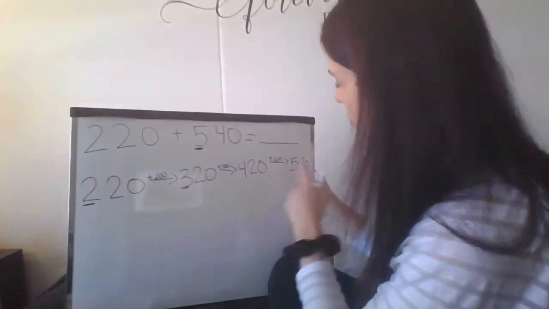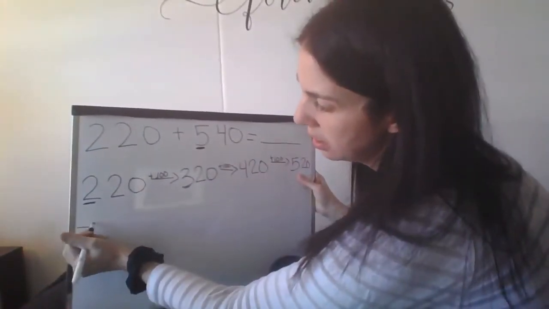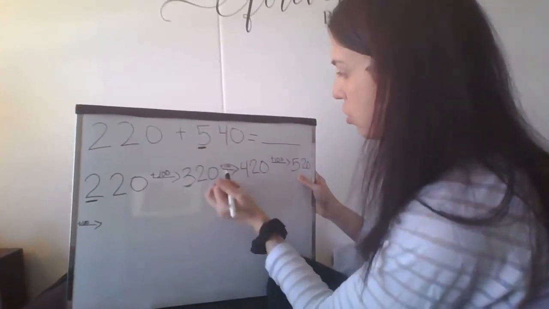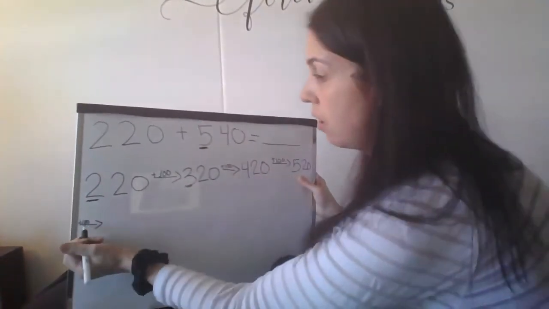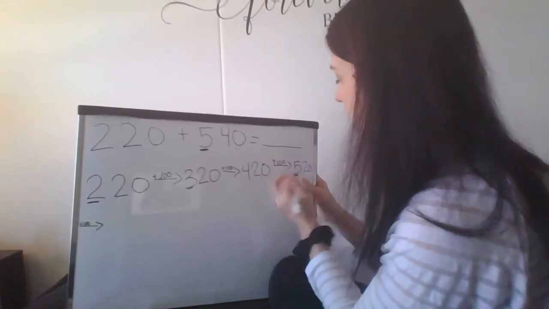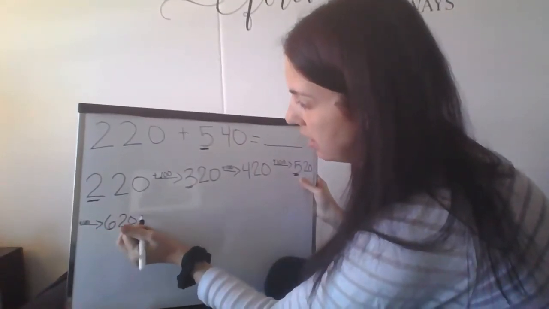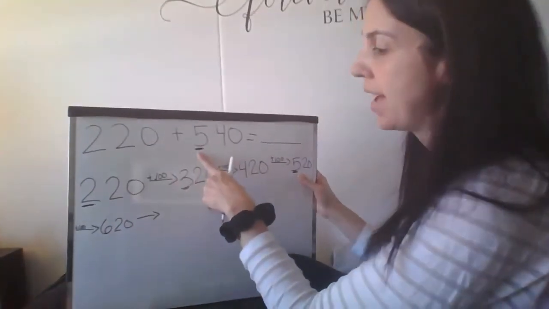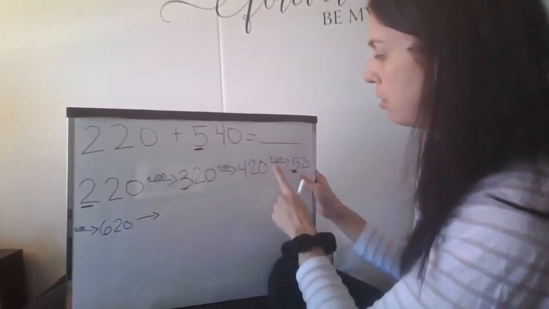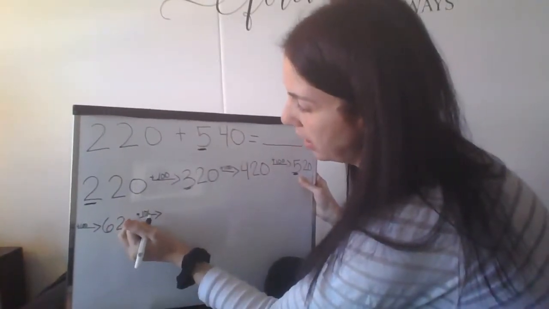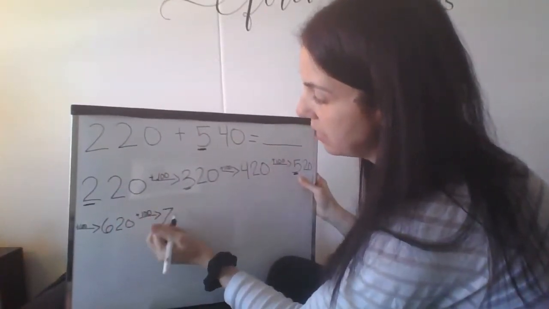So 520 plus 100, because I've got 100, 200, 300, 400. So 500 and one more 100 is going to give me 620, and we need one more 100. We need 500. So 1, 2, 3, 4, one more, plus 100 is going to give me 720.